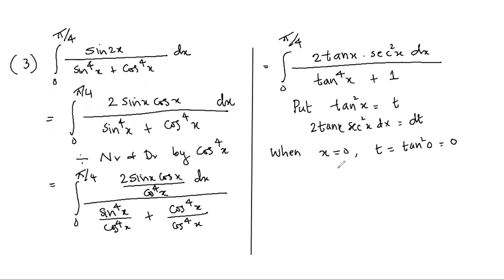It is also 0. When x takes value pi by 4, how much is t? It will be tan square pi by 4, which will be 1. So the limits will be 0 to 1, dt upon t square plus 1.